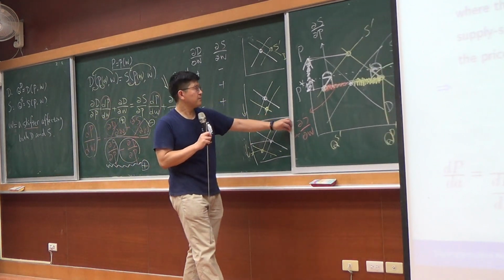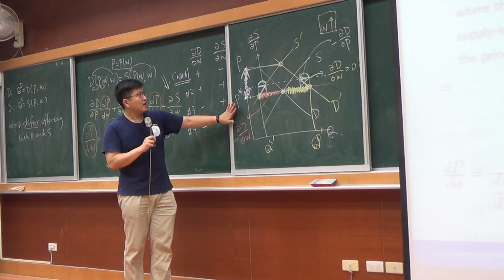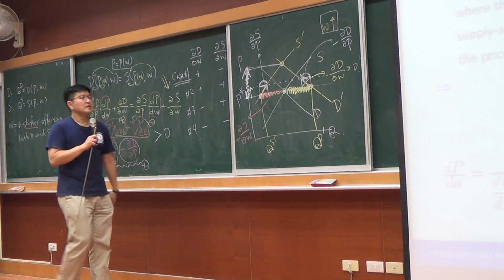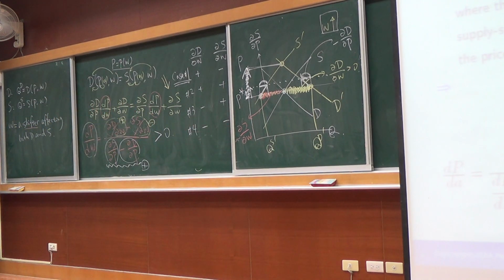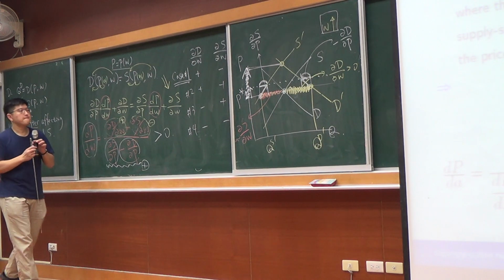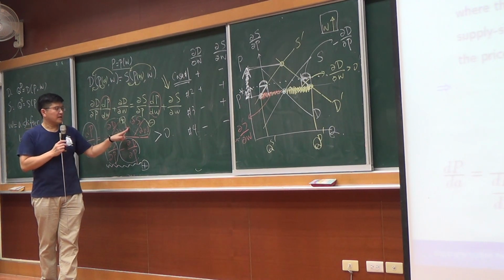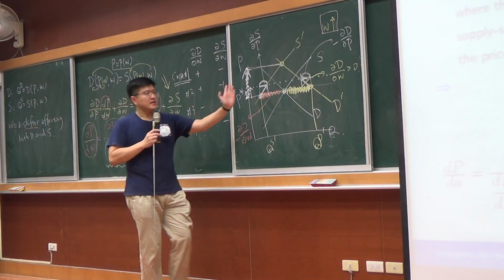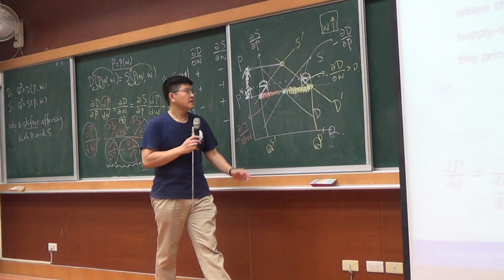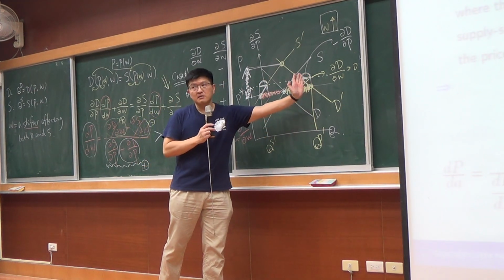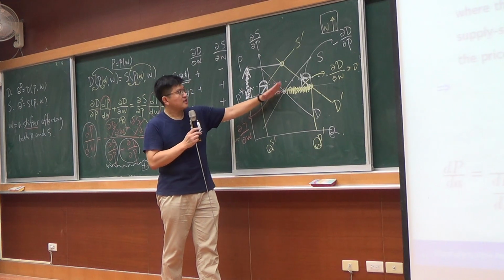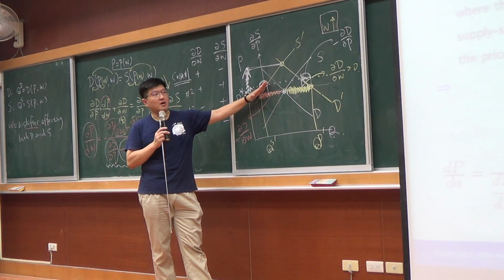Okay, so case number 1 could be the classic one, so that you can understand what this is about. Positive minus negative is a positive influence on demand and a negative influence on supply.